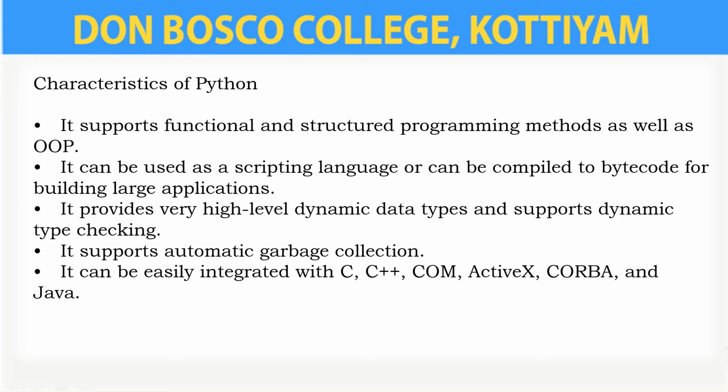The next characteristic is it provides very high-level dynamic data types and supports dynamic type checking. Another characteristic is it supports automatic garbage collection. And the next one is it can be easily integrated with C, C++, CORBA, ActiveX, and Java.